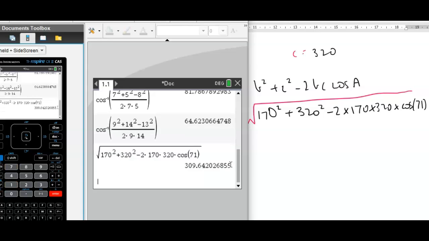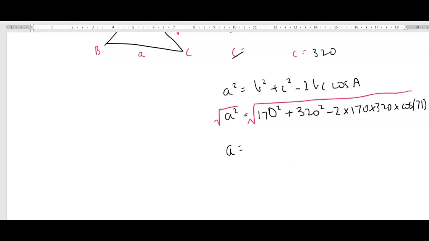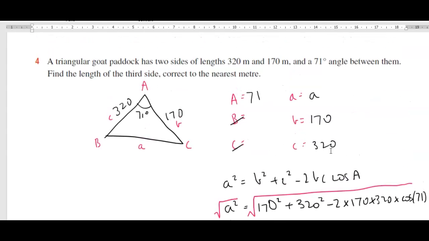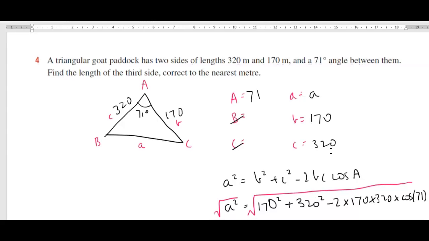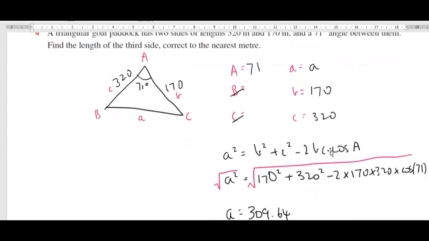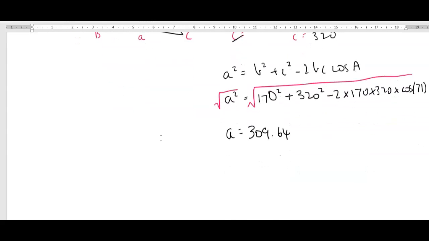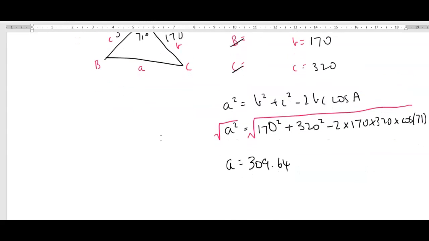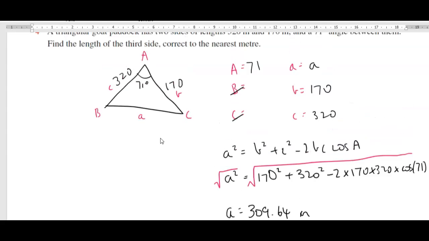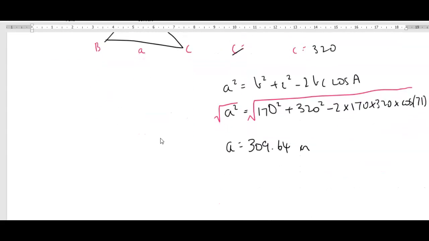So 309.64. And I forgot about the context of the problem. What are we doing? Meters. Okay, so that looks about right, because 71 is probably going to be your biggest angle. So A will be bigger than 320 and 170. And we're working in meters. And I didn't see how many decimal places. That's what I was checking for. To the nearest meter. So approximately 310 meters.